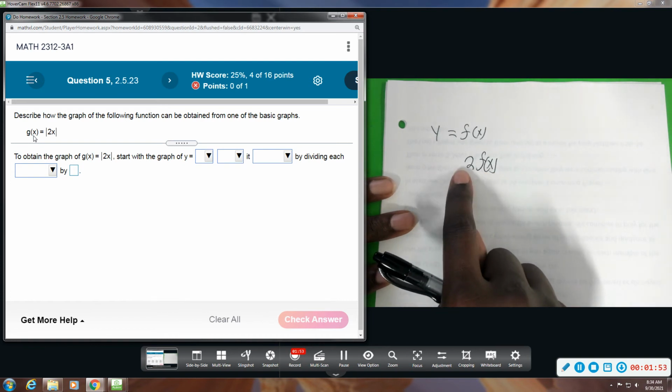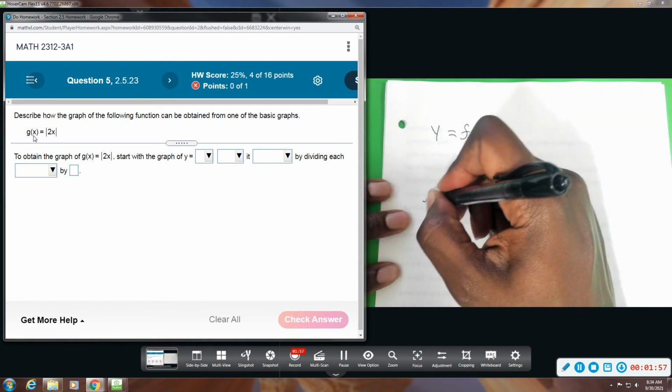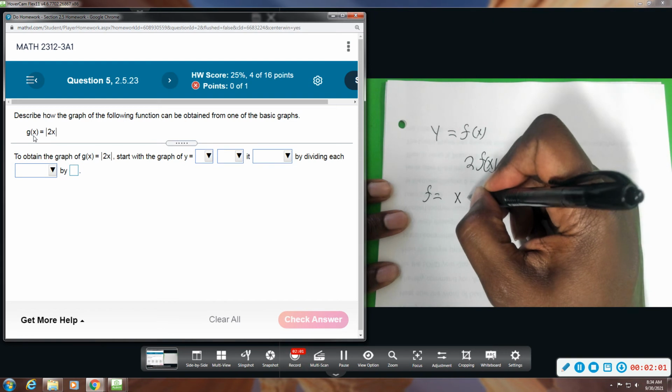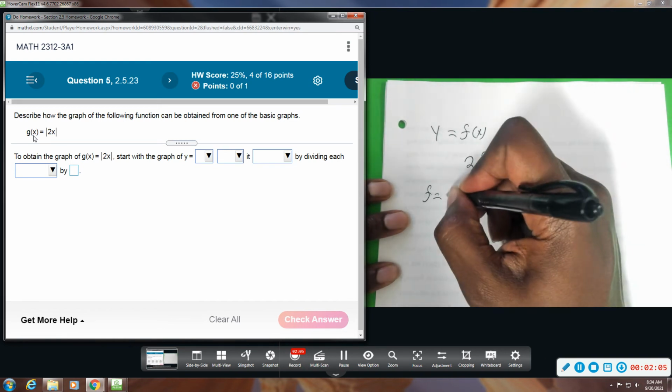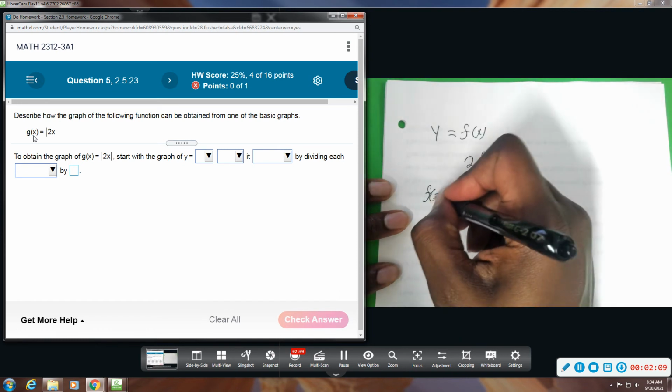Okay, and the same thing would be if I had a function, let's say I had f of x equals x plus 4 squared, and then I just attach that 2 out there. I'm multiplying 2 times the y coordinate.